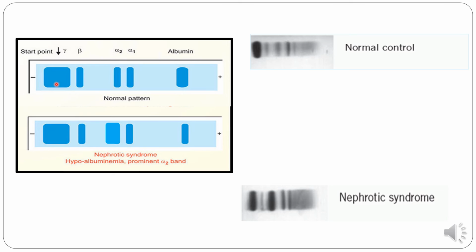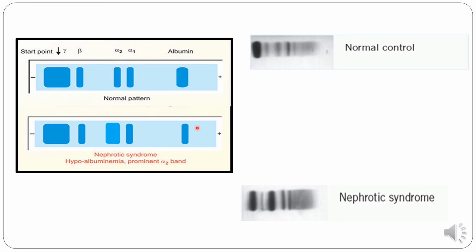You can see here a drawing of nephrotic syndrome. This is a normal person's sample, and this is a patient sample having nephrotic syndrome. How do we identify that the person has nephrotic syndrome? You will see that the albumin band is thinner; the relative percentage of albumin is low.